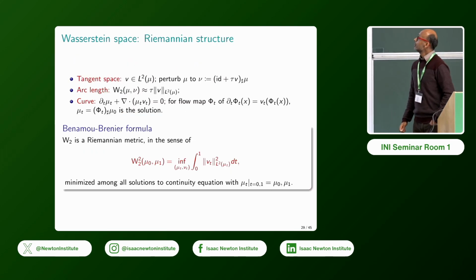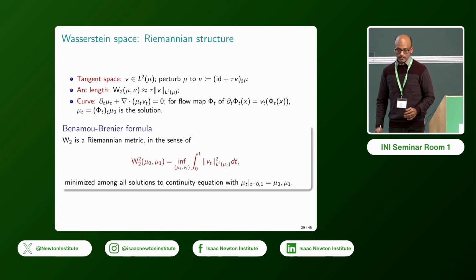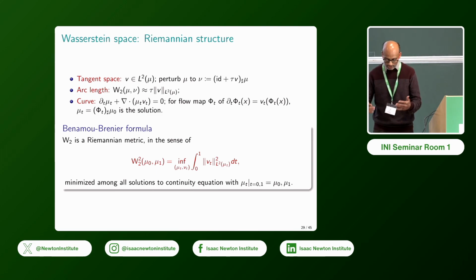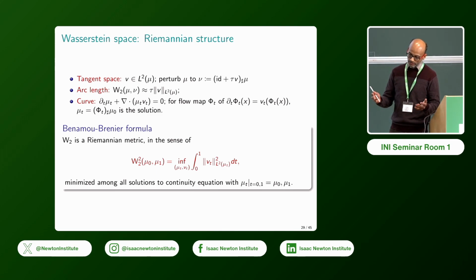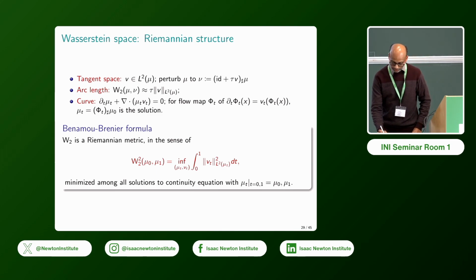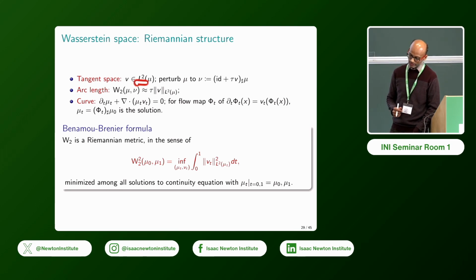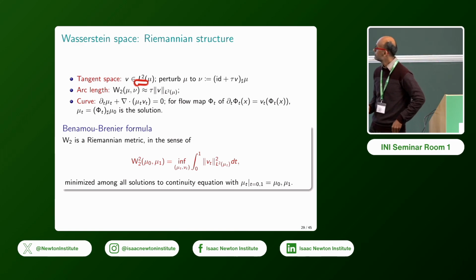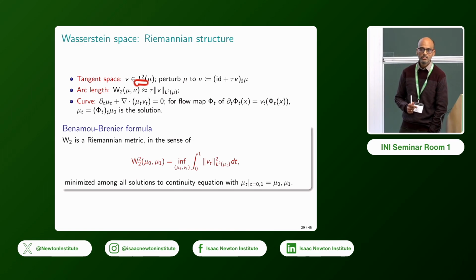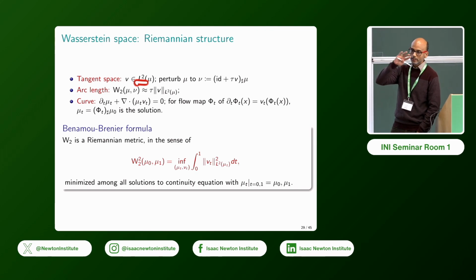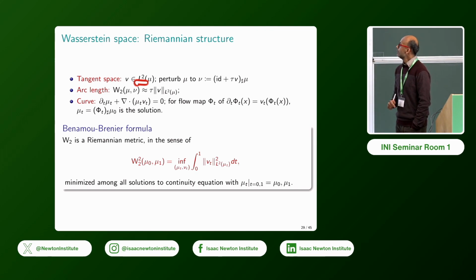And what more? They also basically recovered a nice Riemannian structure, right? So the tangent space is basically identified with L2. As we saw in one of the talks, essentially it is the gradient of convex functions, infinitely differentiable convex functions, and you take a closure with respect to L2, right?